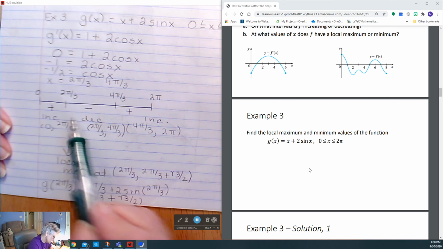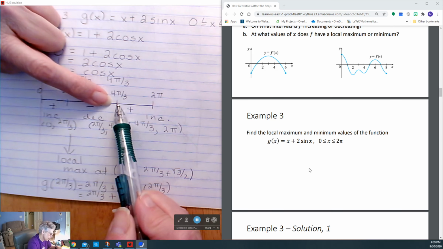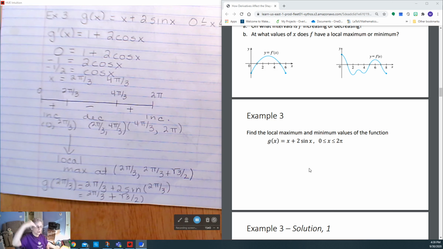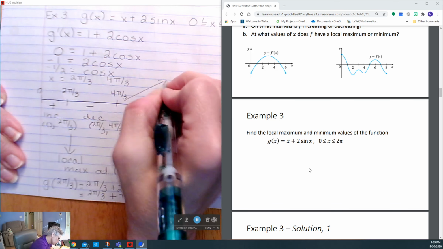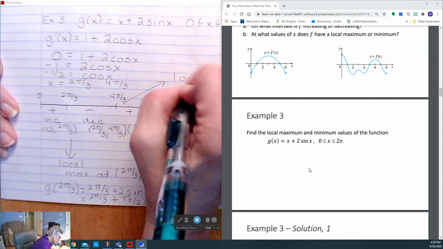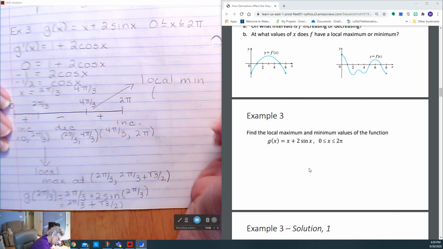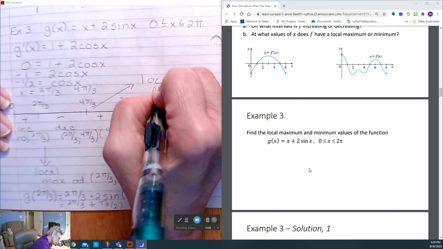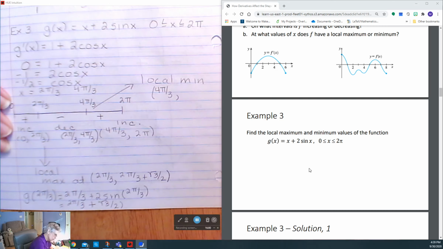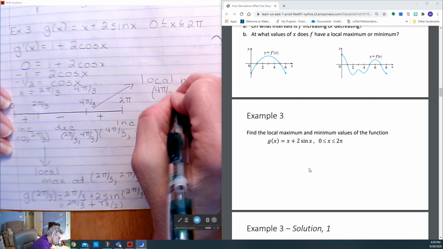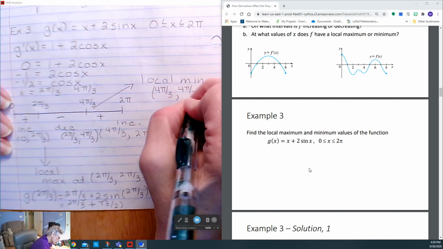Then it continues to decrease. At 4 pi thirds, it starts to increase. So it changes from decreasing to increasing, which means I have a local min. The x value is 4 pi thirds. The y value would be 4 pi thirds. Oh, I forgot to multiply that by 2, didn't I?